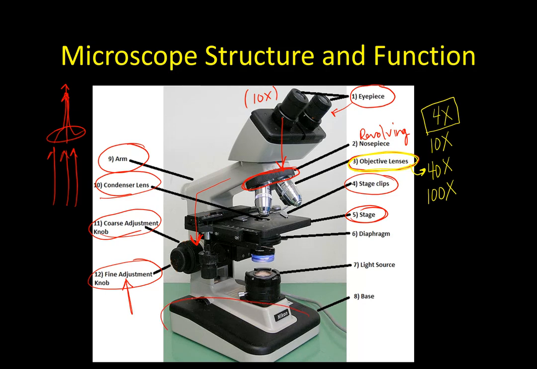At the bottom here, you have the base, okay? And then under here, you've got the light source. Under here as well, you have something called a diaphragm. You can also call it the iris diaphragm. So you know the iris of your eye, the colored part of your eye.